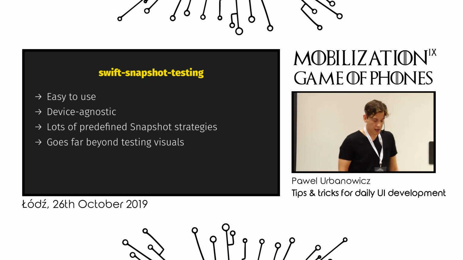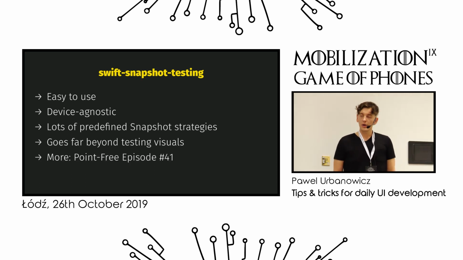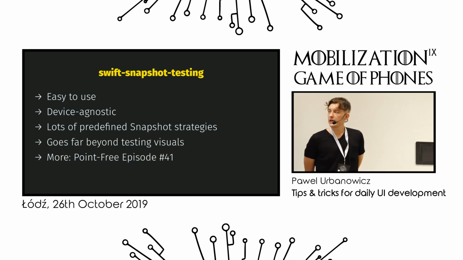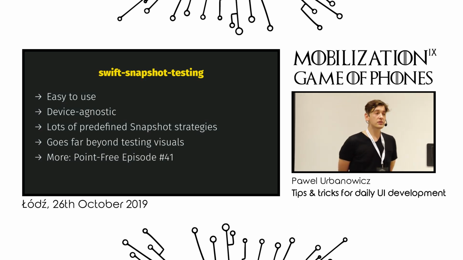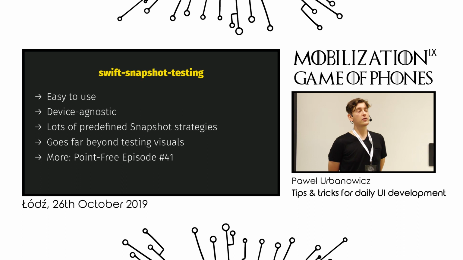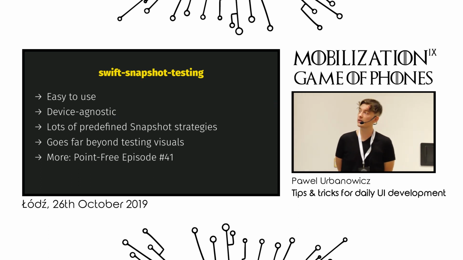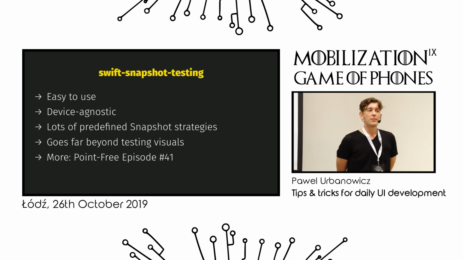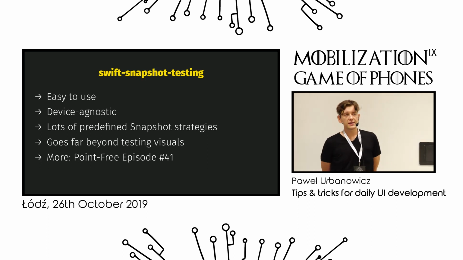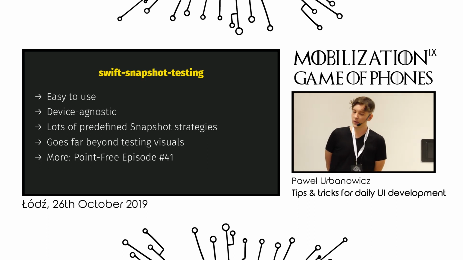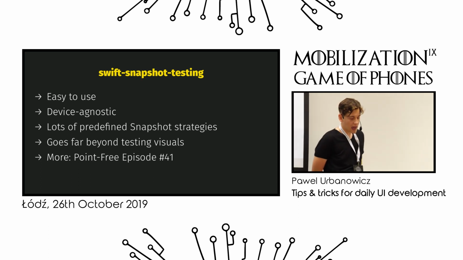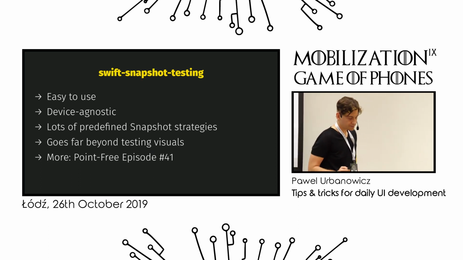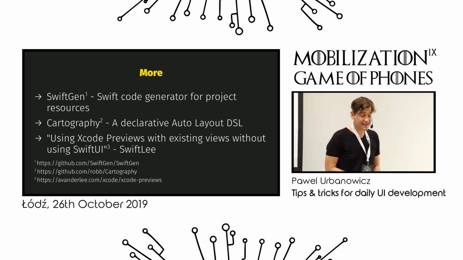To learn more about it, you can go to pointfree.co, as mentioned, and watch episode 41. Episode 41 is free for everyone, so I highly recommend checking that, even if you don't have a subscription, because it's an episode about snapshot testing, where the guys go through the library and show how to use it in practice. And that's about it.